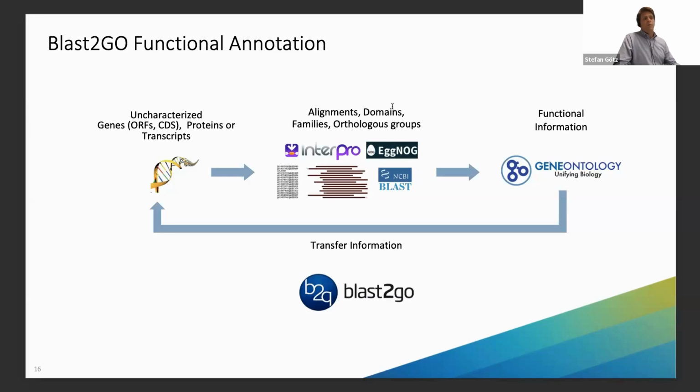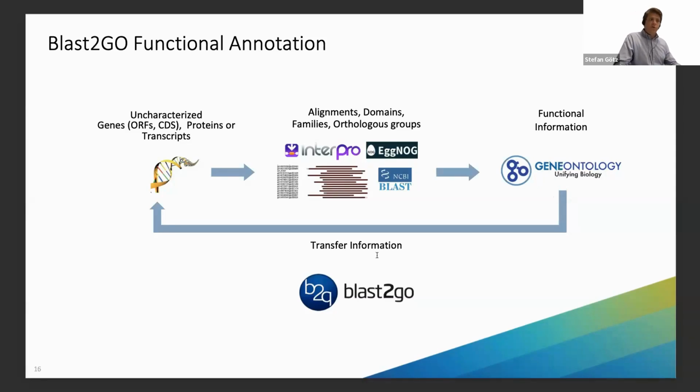We look for protein domains or families, or we can go and search for orthologous groups with algorithms like eggNOG-mapper. And with those, we link functional information to our original sequences, and that's the gene ontology. But linking is not enough.